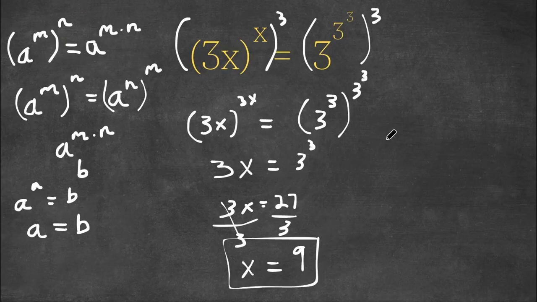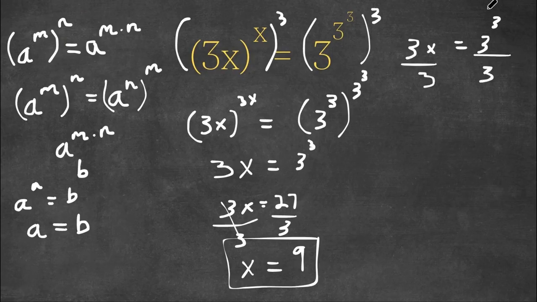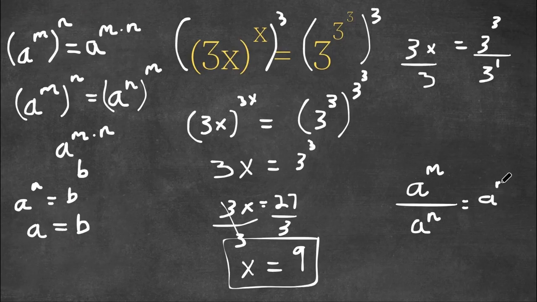Now, our second way is, with 3x is equal to 3 to the power of 3, simply dividing by 3 at the start. 3 to the power of 3 divided by 3, well, this is 3 to the power of 1. And if we have something in the form a to the power of m over a to the power of n, this is equal to a to the power of m minus n.